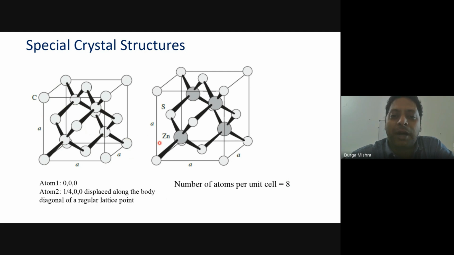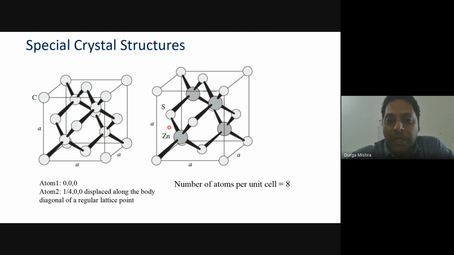Instead of having the same atom, you can have two different atoms, atom 1 and atom 2. Atom 1, for example, will be in the corner and the face center, and atom 2 will be within the unit cell. This represents zinc sulfide, also called the zinc blende structure.